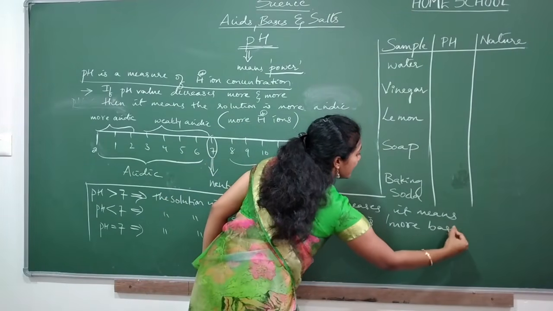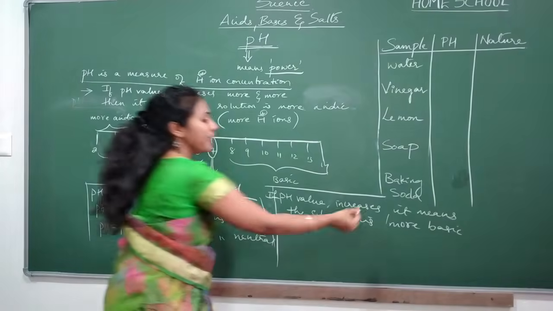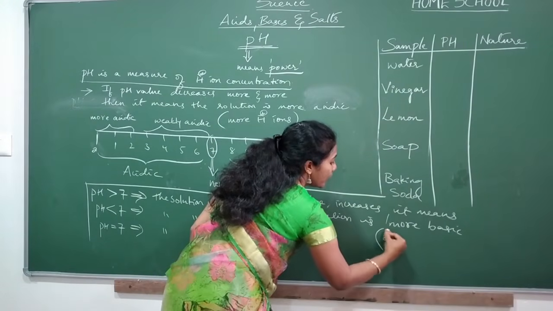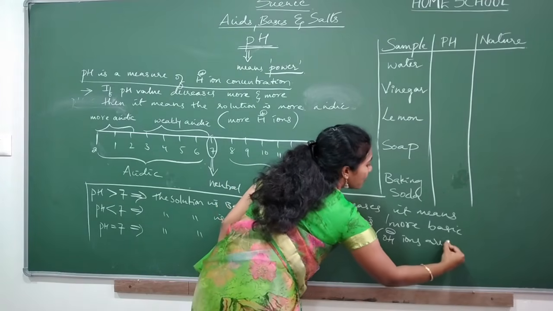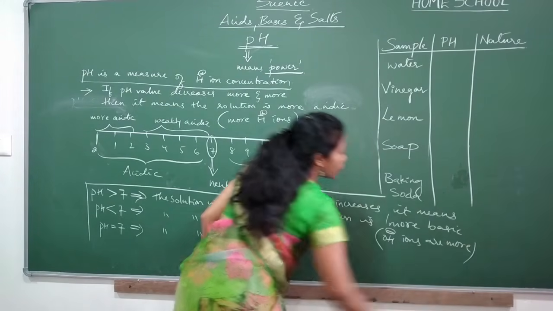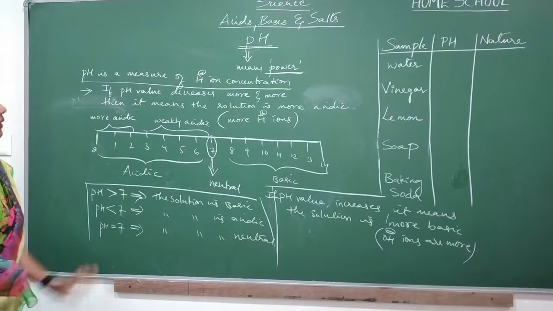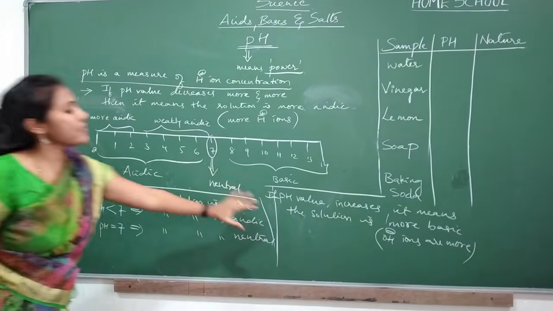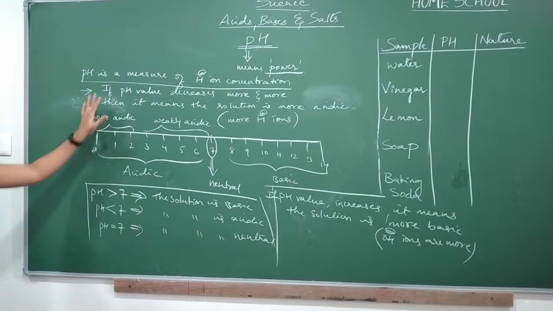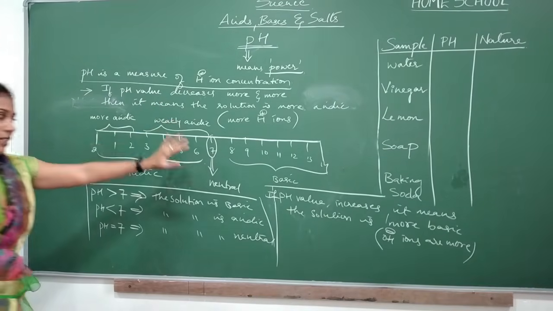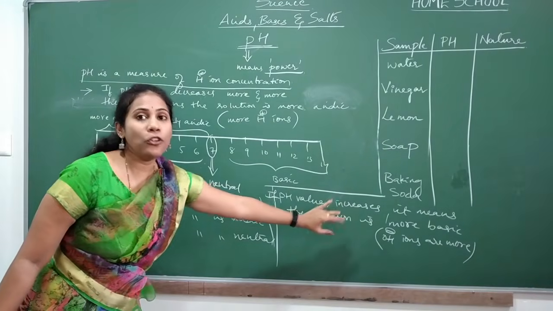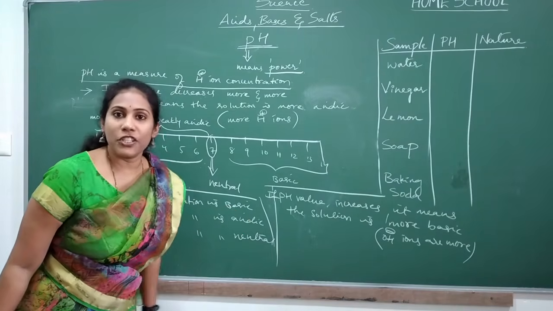More basic in the sense OH minus ions are more, that is, the concentration of OH minus ions is more. So these two sentences are very important to remember. If the pH value decreases more and more, lesser the pH value, more will be the acidic nature. Higher the pH value, more will be the basic nature always.